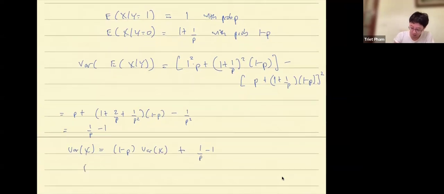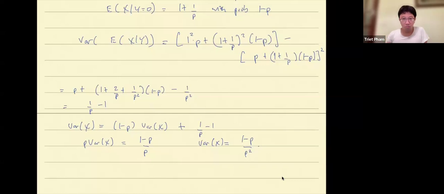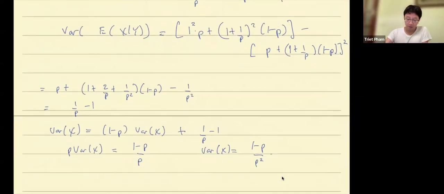So clearly p times the variance of x will be 1 minus p over p. So therefore, the variance of x is 1 minus p over p squared, as expected. So that's what it is. Any question about this?